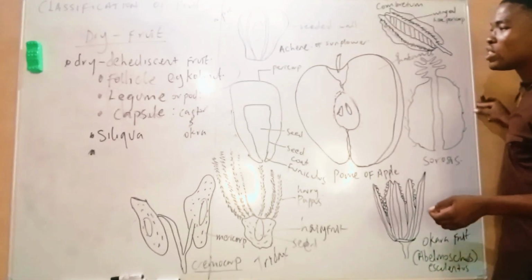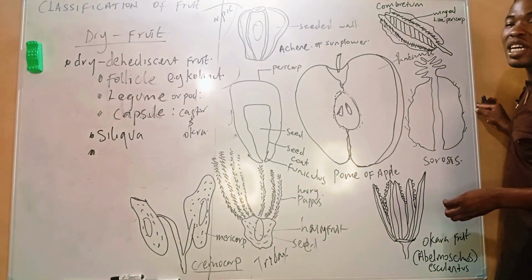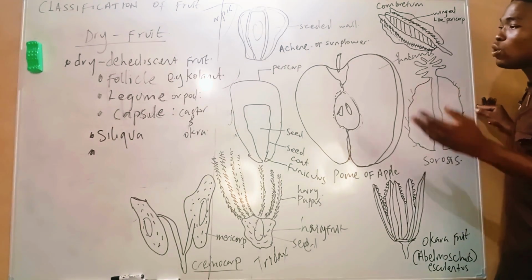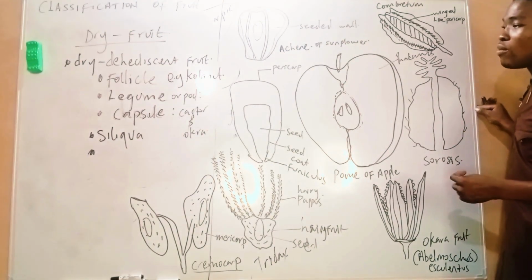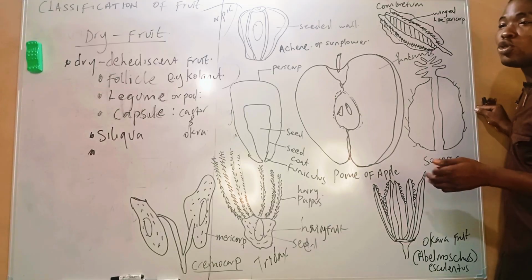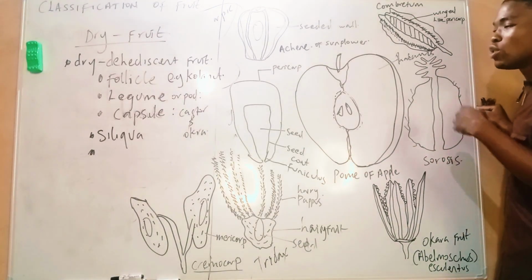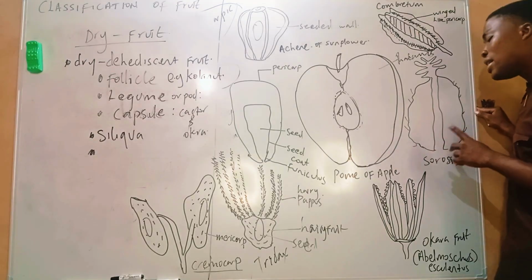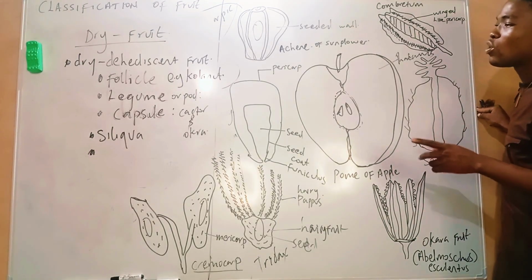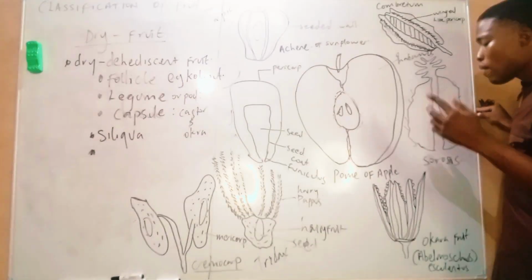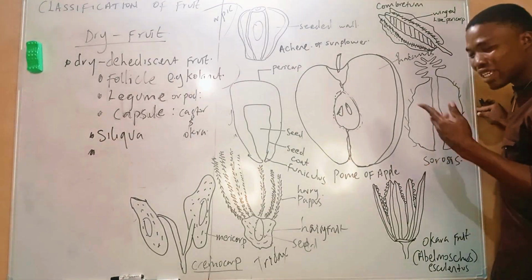The castor oil plant also disperses its seed by what we call an explosive mechanism. It shoots its seed upon maturity. The most important part is that it splits along many walls, more than three.